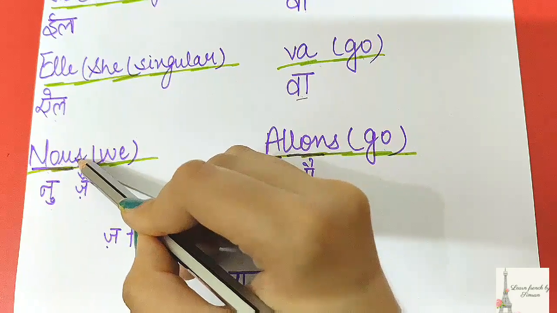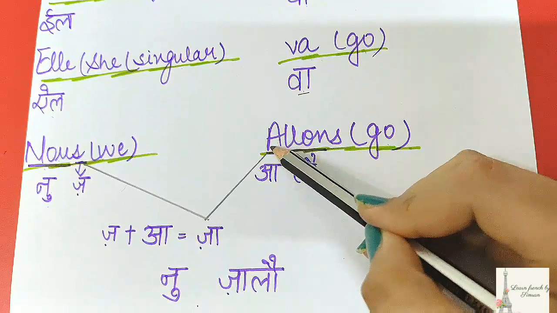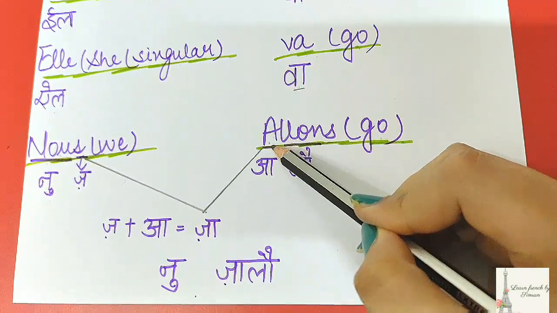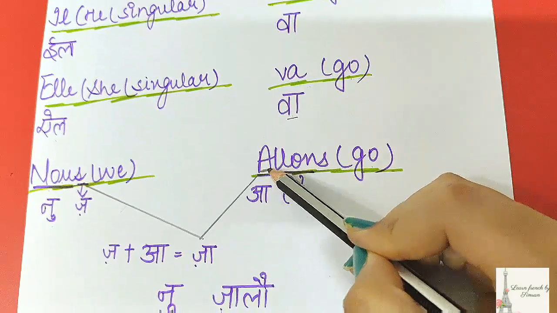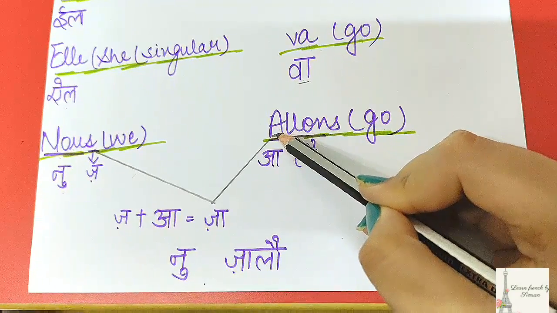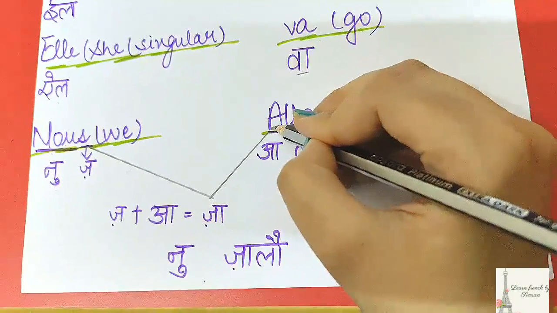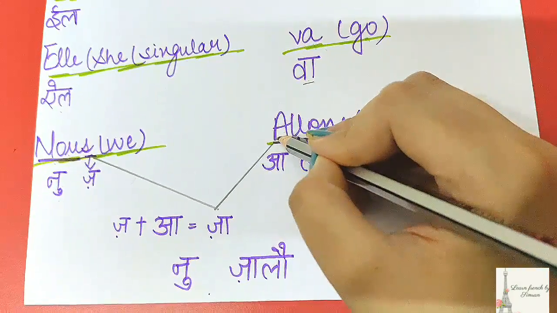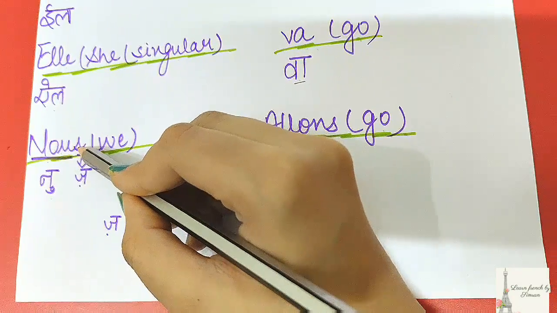And our last letter is S. Now as you can see here, as we have this conjugated verb, our first letter, the beginning, is A, which is a vowel, and we learned in the previous video that when the first letter is a vowel, we will form a liaison with the preceding word.